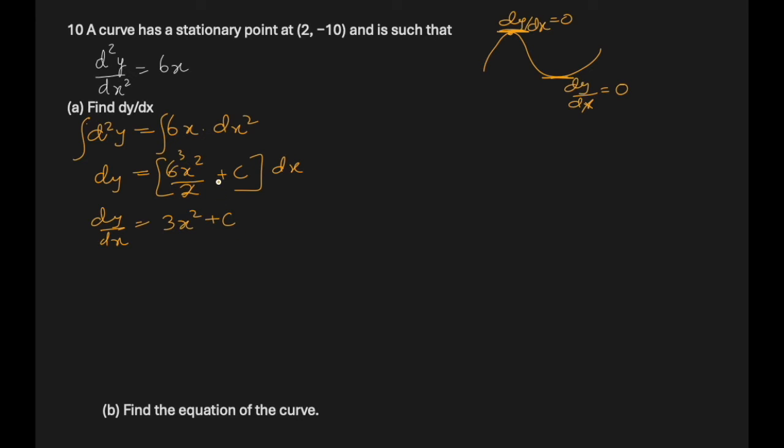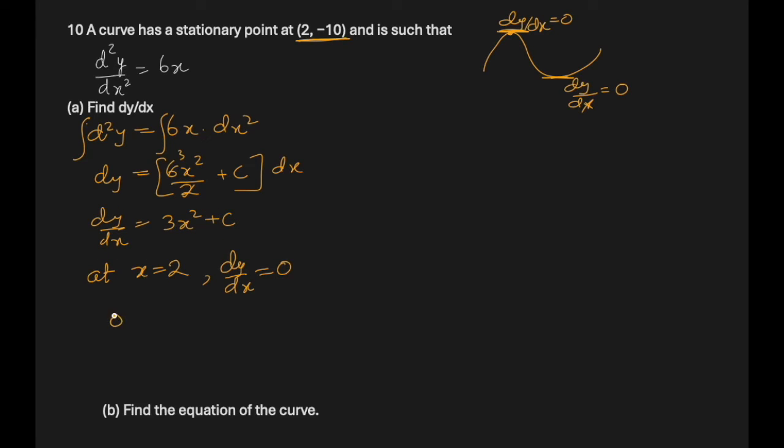Okay, they said this is a stationary point. That means at x equal to 2, y is useless here, x equal to 2, dy over dx is equal to 0, and this fact we will use to get the value of c.